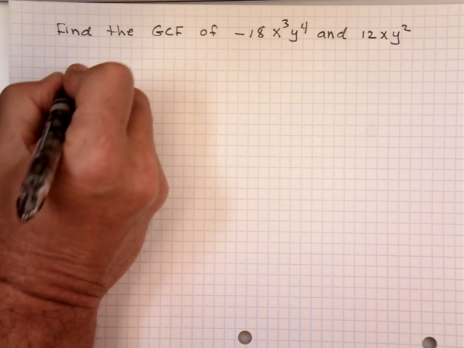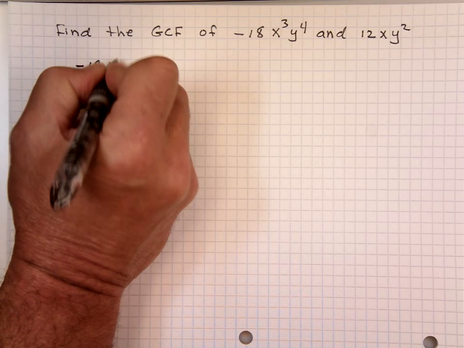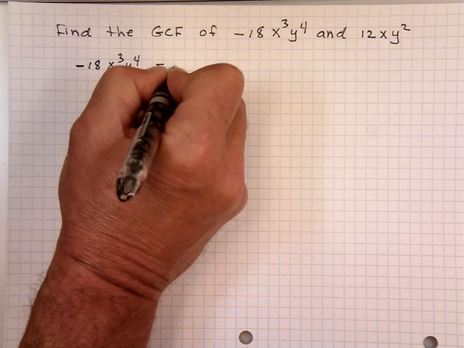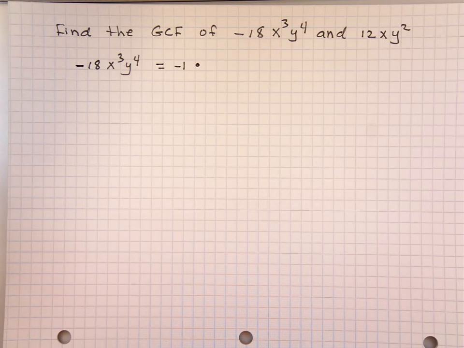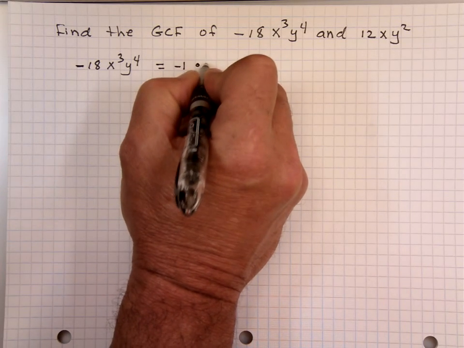Let's take the first one, negative 18 x to the third y to the fourth. There's a negative 1 times what? We can take the 18 and make that 3 times 6.